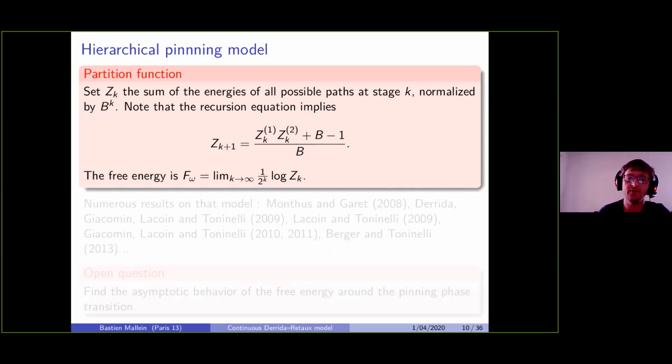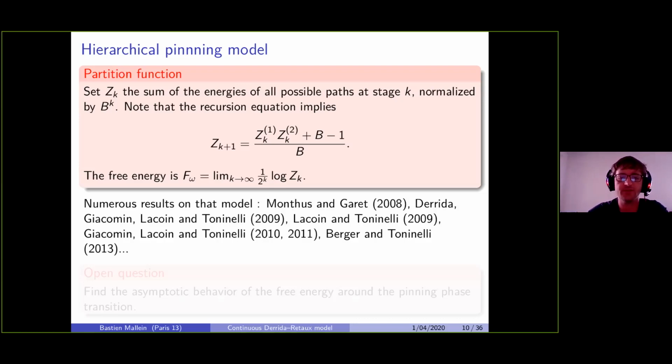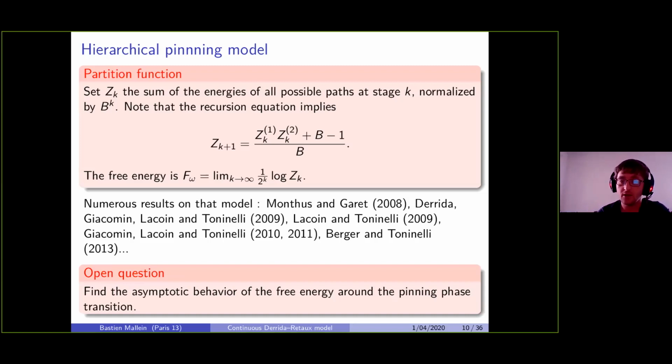And you have the following recursion equation: Zk plus 1 is the product of 2 independent copies of Zk, plus b minus 1, everything divided by b. You're still interested in the free energy, that's the limit of 1 over 2 to the k log Zk. There have been numerous results on that model, but the question of the phase transition around pinning is still open in the most general case.